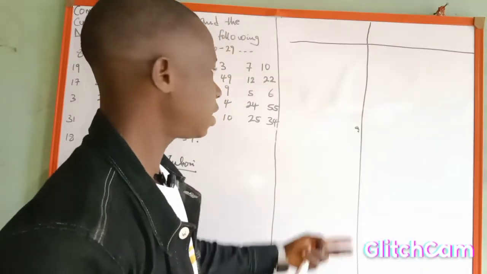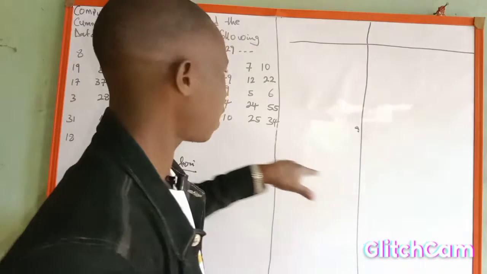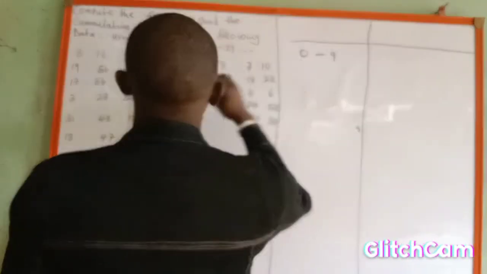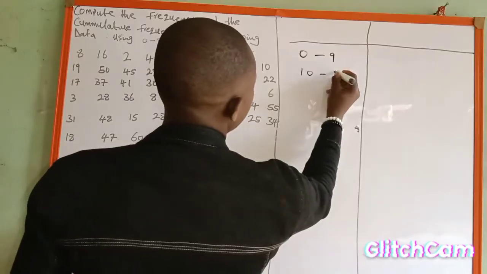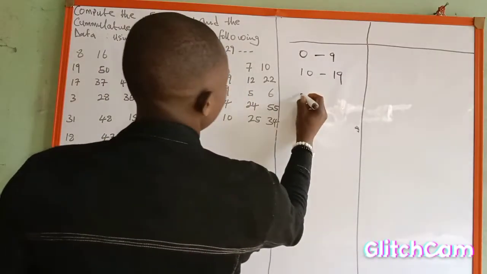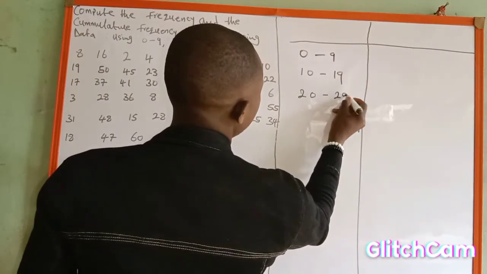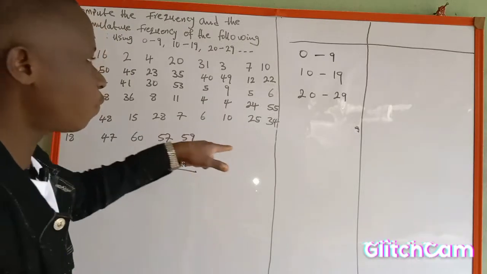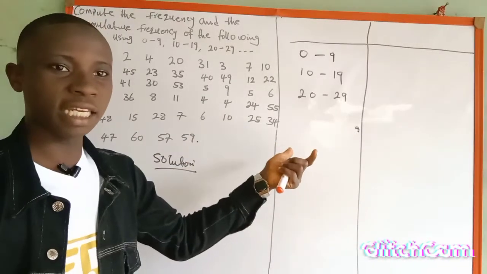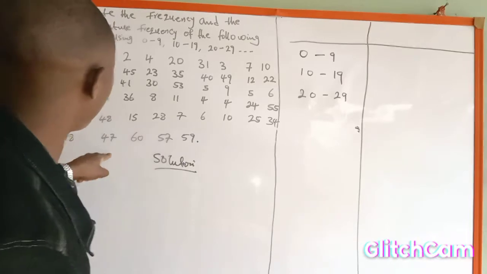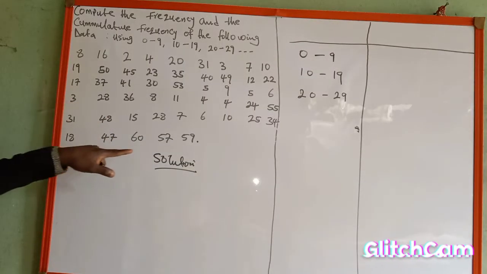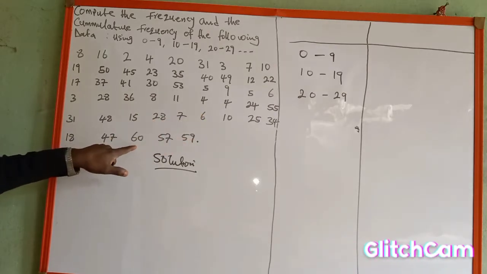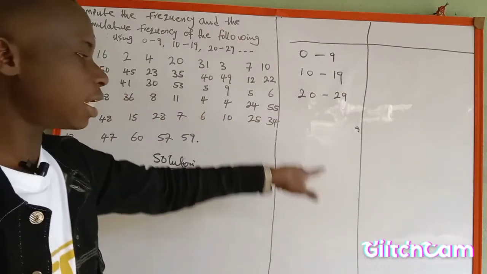The first one is 0 to 9, 10 to 19, 20 to 29. Before we can complete the interval, you have to look for the highest number in this data. 60 is the highest here, so my interval will end at 60.